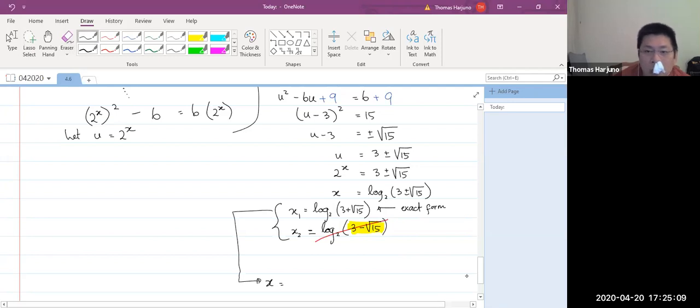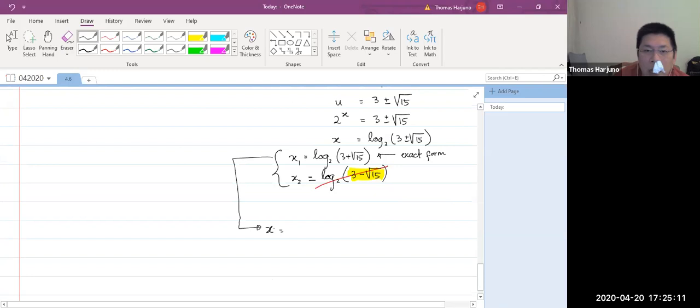If I try to compute that using a calculator, and my calculator has only base 10 or base e, let me make it base e right now. This is natural log of (3 plus radical 15) over natural log of 2. If you use base 10, basically change this natural log into log base 10. But in the end, we will have the same answer.